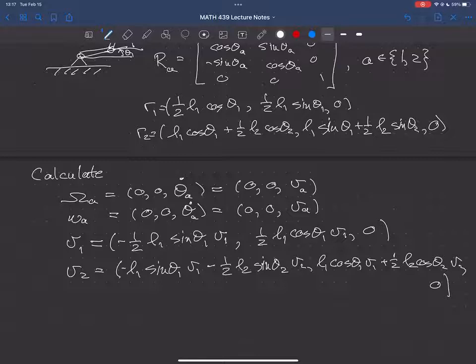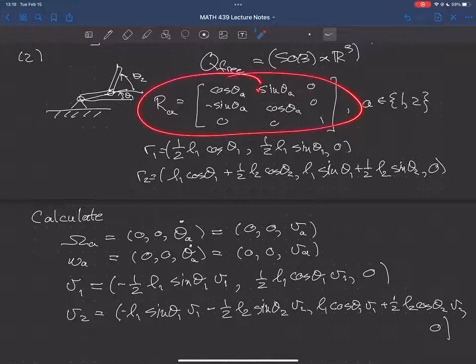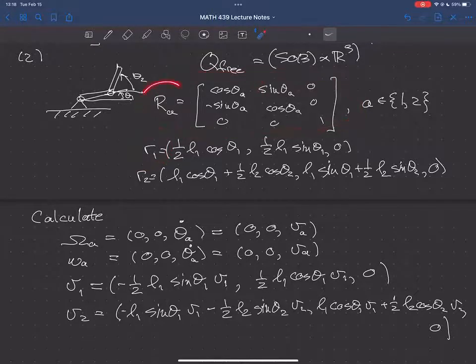Okay, and so if you wanted to, you can take and assemble all of this stuff. So there'll be 8 of these terms, right? It'll be R1, big R1, little R1, big R2, little R2, then omega 1, and then V1, and then omega 2, and then V2.